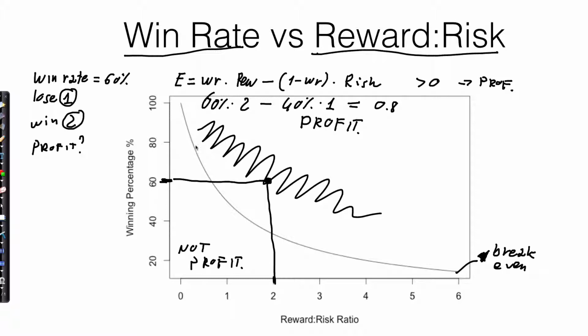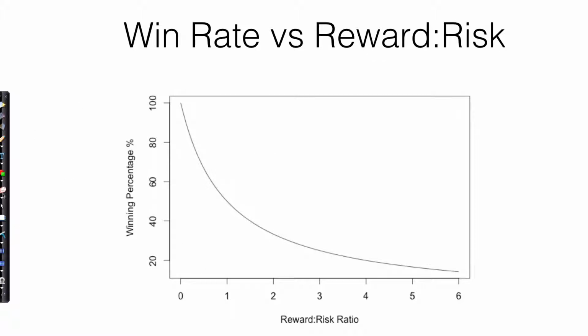But let's suppose now we have another strategy. Actually, let me remove everything. Suppose now we have a strategy where the winning rate is 80%, but when you lose 1, and when you win 0.1.